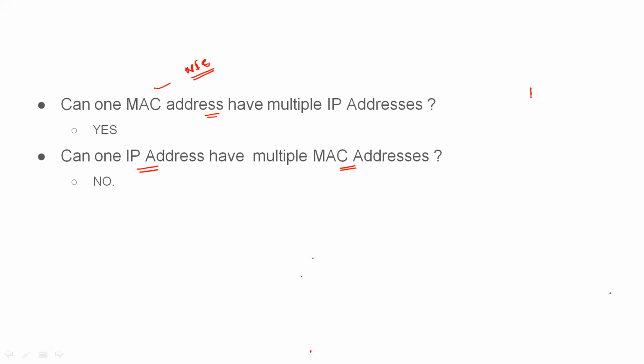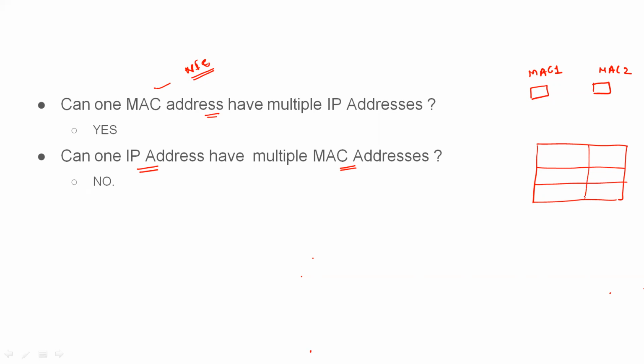Say these are two systems, this is MAC 1 and this is MAC 2, and in the ARP table, which is maintained by the switch, the IP address is, for example, 1.2 for both: 1.2 with MAC 1 and 1.2 with MAC 2.